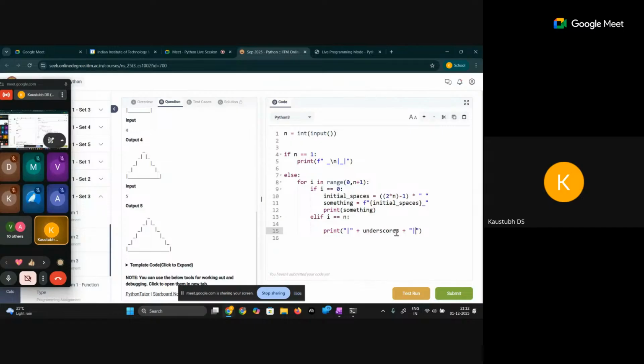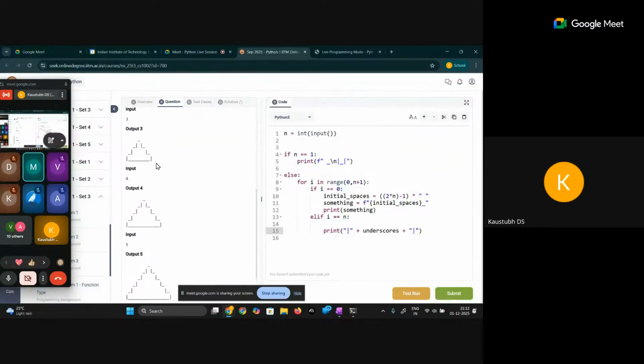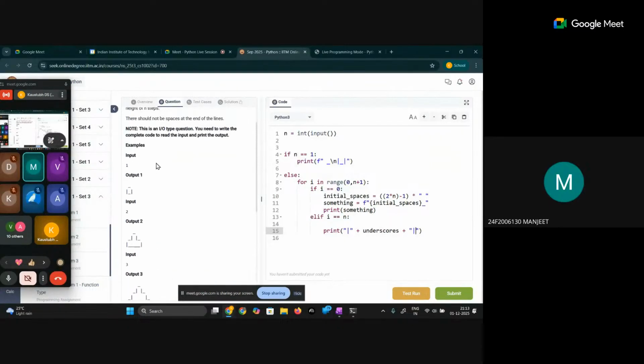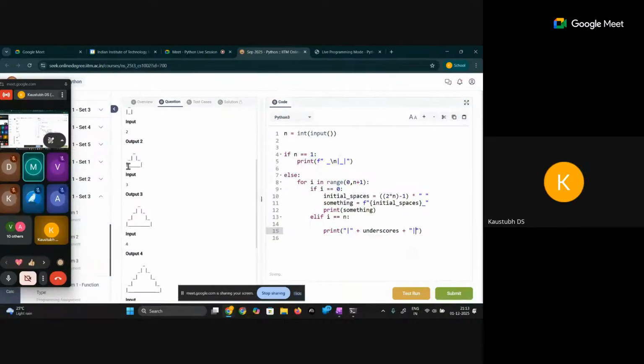Now, how many underscores? That is the question. Is it 2n minus 1? If you doubt it, count one time. For n equals 2, we have 5 underscores right here.